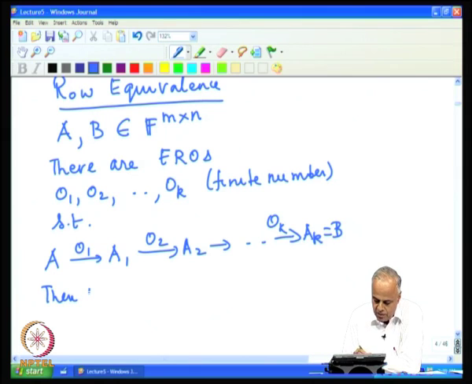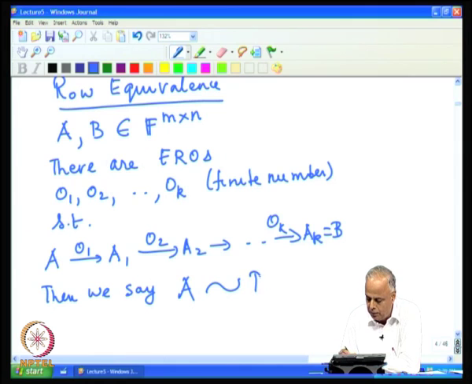Then we say A is row equivalent to B and we write A is row equivalent to B.